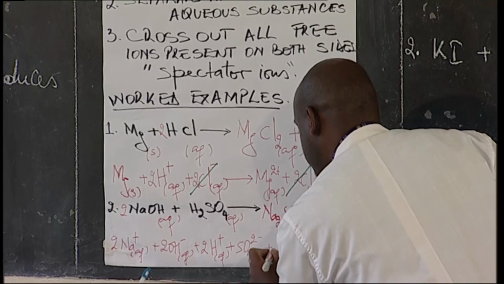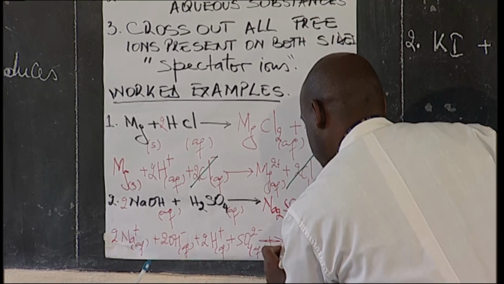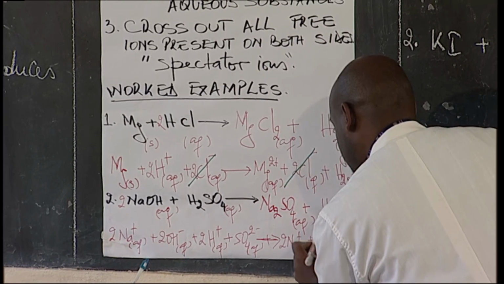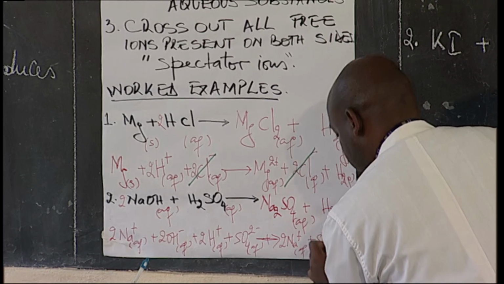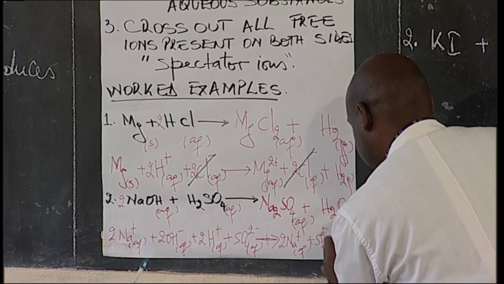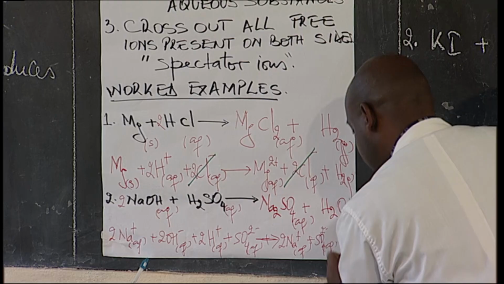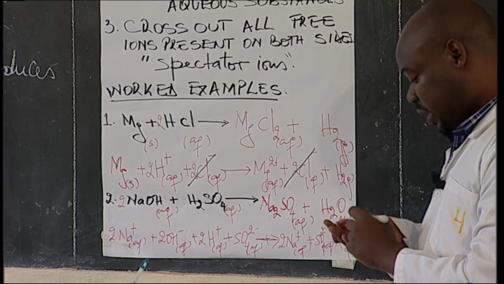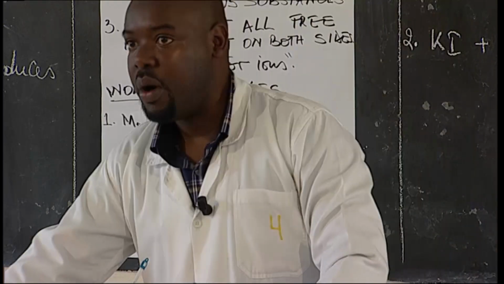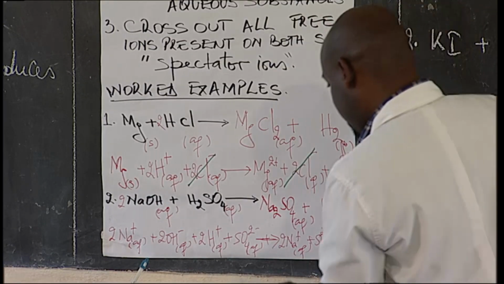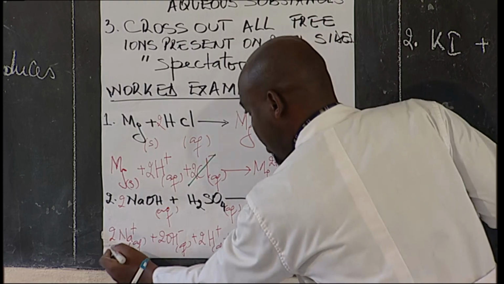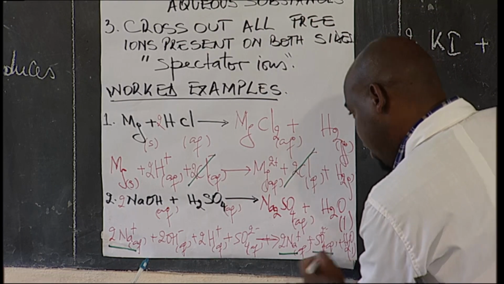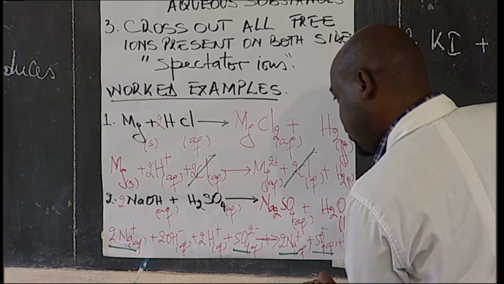And here we produce 2 sodium positive aqueous plus SO4 2 negative aqueous plus H2O liquid. Then the ions we have on both sides are sodium and sodium, and the sulfate ion and the sulfate ion.